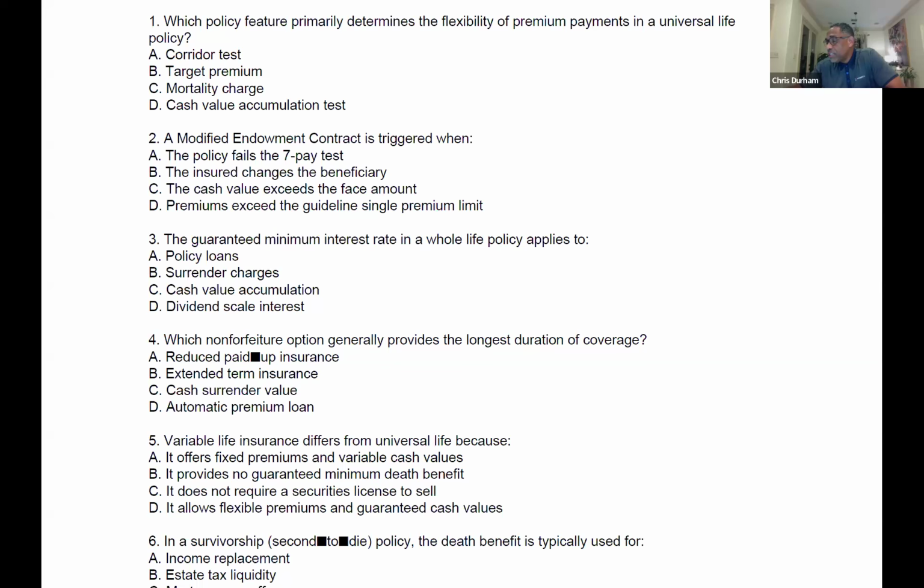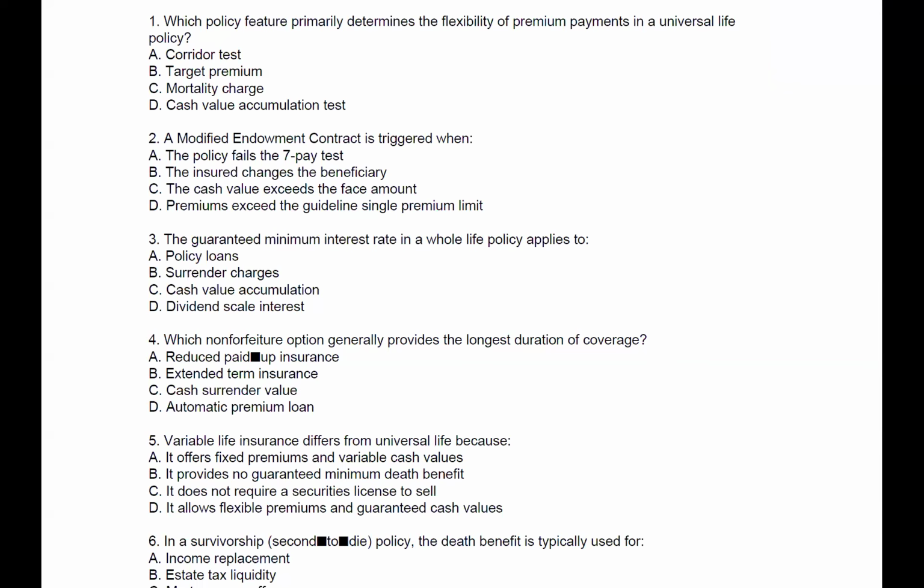It's just gonna give you more to think about. I just want you to get it right on the test. So when you see modified endowment contract, don't even read all the questions. As soon as you see 7 pay test, just pick that one. All right, next.